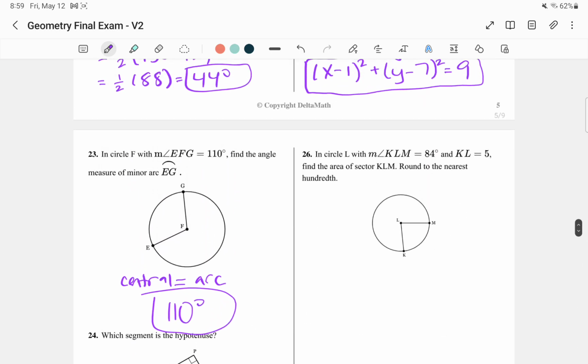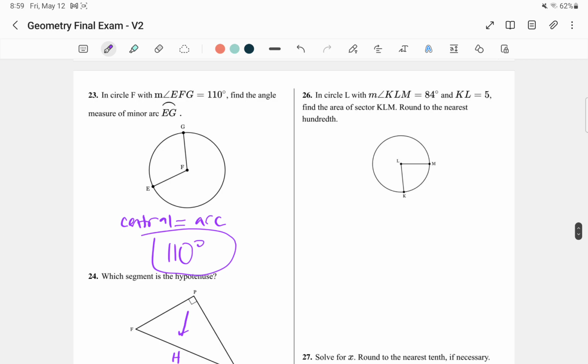All right, so number 26, we are finding area of a sector again. Same thing, I'm going to have angle over 360 times pi r squared. My angle is 84. Pi does not change, and the radius is 5, so 5 squared.